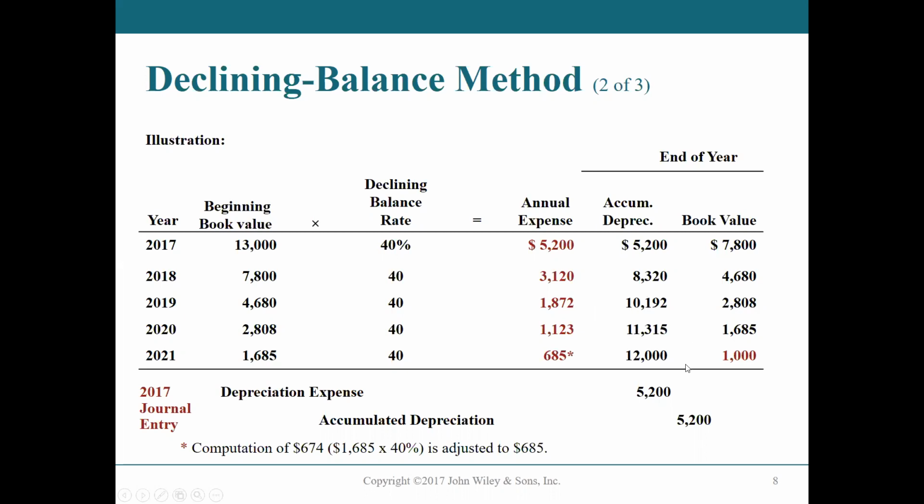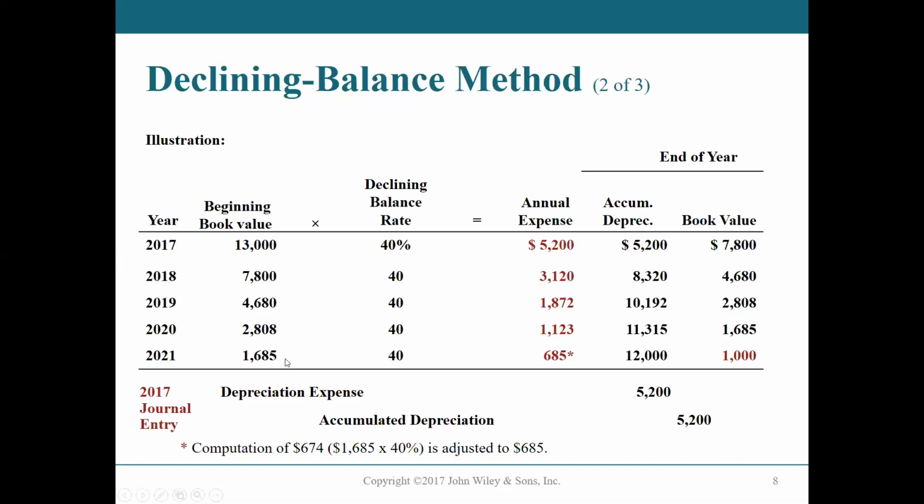In the 5th year, or the last year of the asset's useful life, we don't worry about the rate anymore. Instead, we say there was a salvage value of $1,000. So I'm going to take this book value and subtract whatever I have to from it so that it ends up being $1,000 at the end of its useful life.